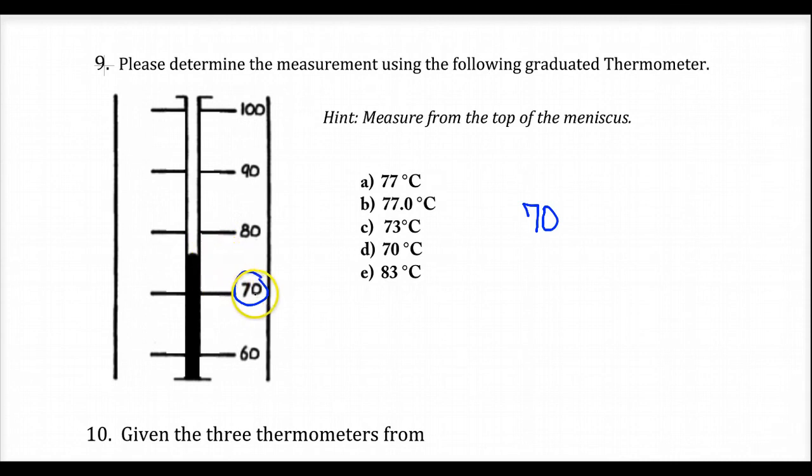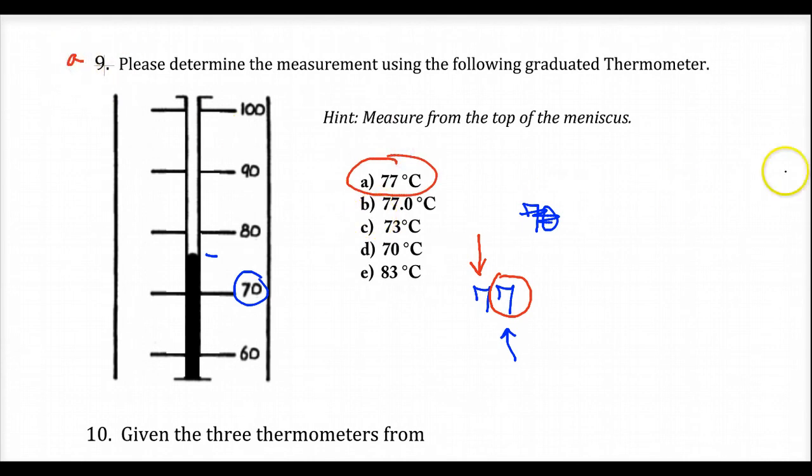Because the next number after 70 is that individual integer. So I think this is 77. So 77. My guess was in the individual integer, and my known amount that was on the device is definitely in the tens place. Tens, not tenth. So 77 is my answer here for A.